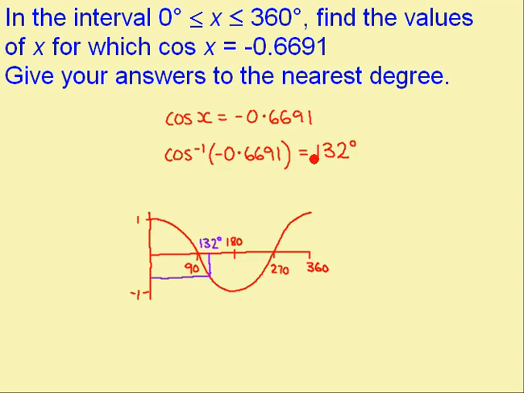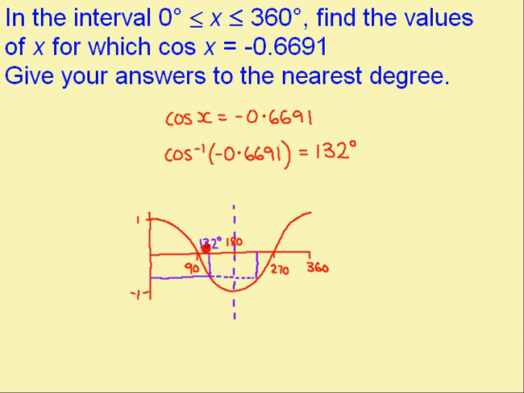Using your calculator, you should have got an answer of 132. To get the other answer, you need to use your sketch. We can see that 132 is here. The other value will be here. So to find this value, I'm going to use the symmetry of the curve. It's symmetrical about the 180 degrees.